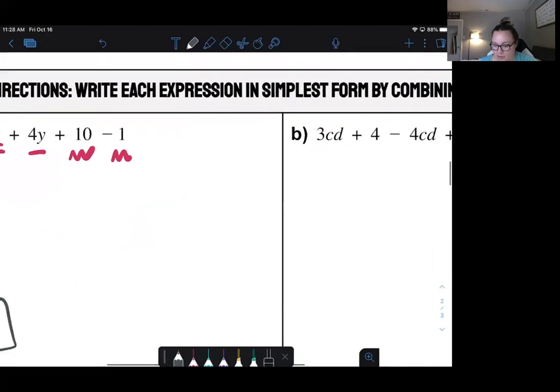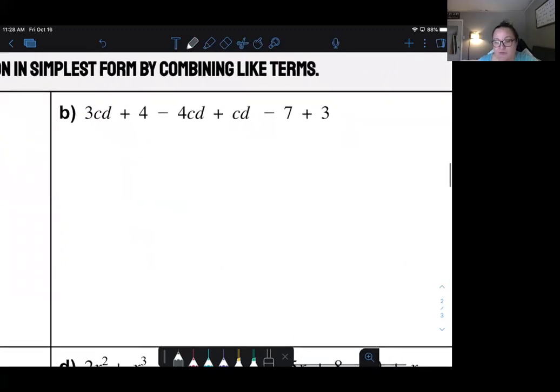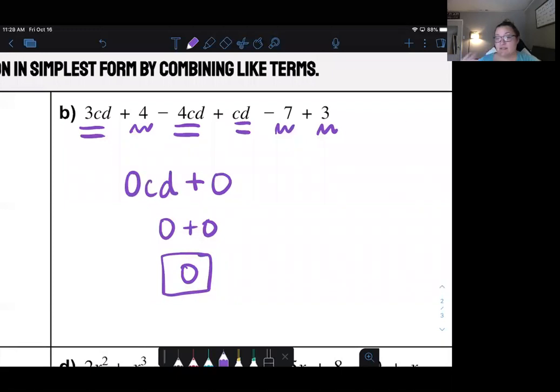Now you try one, part B. So you have 3cd plus 4 minus 4cd plus cd minus 7 plus 3. I would underline your like terms in similar ways. Combine your like terms, write your answer in simplest form. Go for it. So this expression ended up being 0 in simplest form. 3cd minus 4cd is negative 1cd.